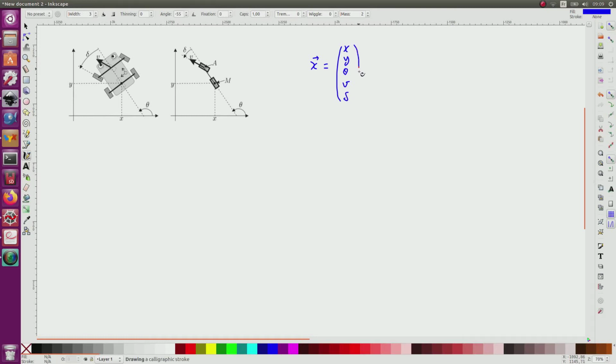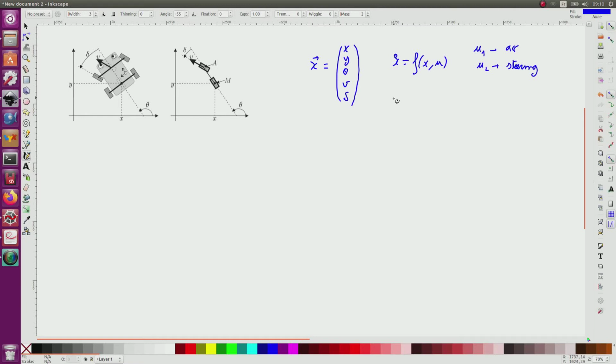So what I want to obtain is something like x dot equal f of x and u, and the input u1 corresponds to the acceleration, and u2 is about the steering, to change the direction.